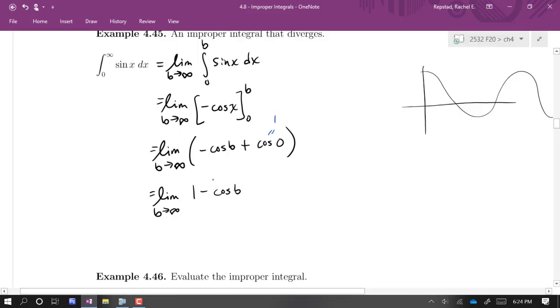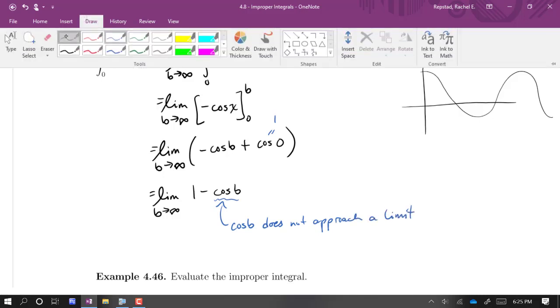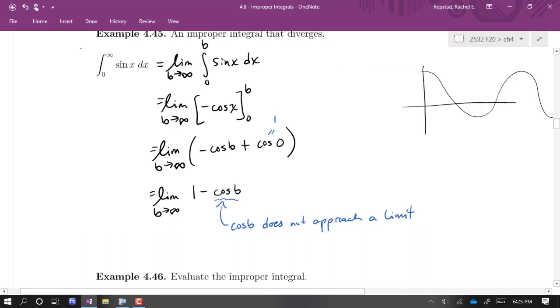The cosine of b does not approach a limit. And so since we don't get a numerical value, it's not getting closer and closer to a single value, this improper integral diverges.